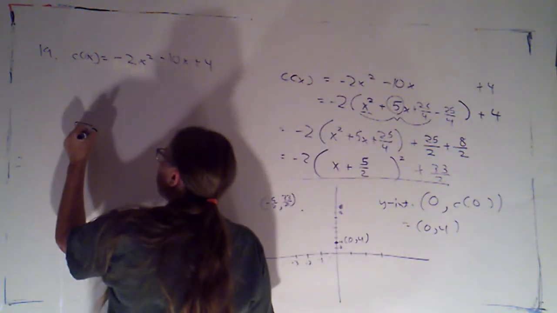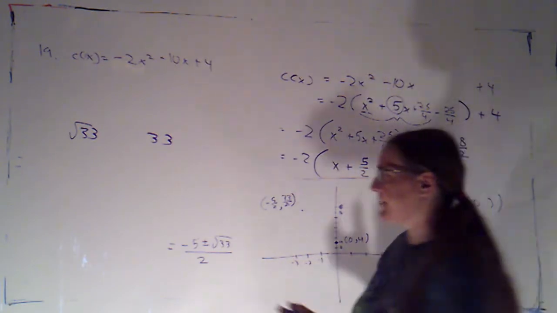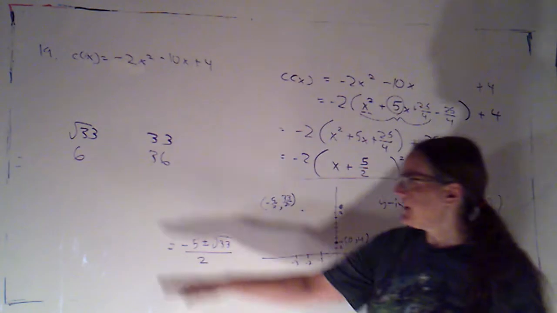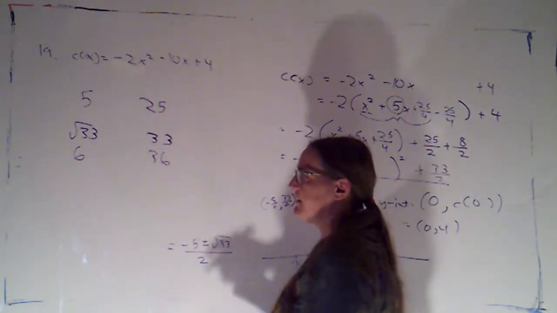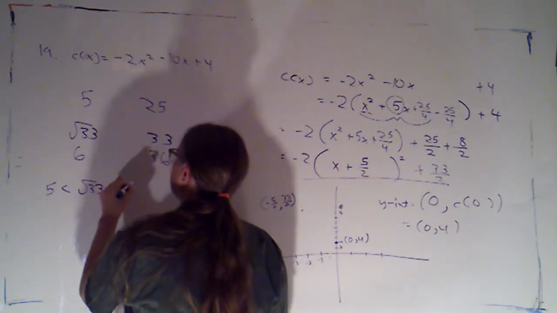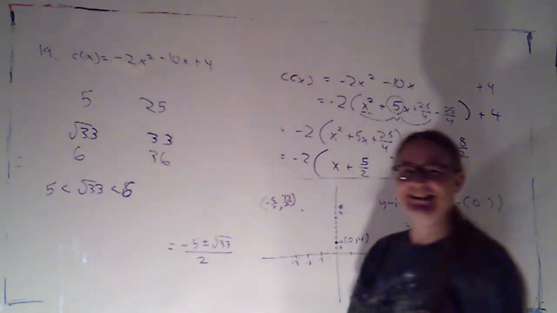Root 33. If I square it, I'm going to get 33. Well, 36 is fairly close to that, and I get that by squaring 6. The next smallest integer would be 5, which squares to give me 25. So that tells me that root 33 is somewhere in between 5 and 6.